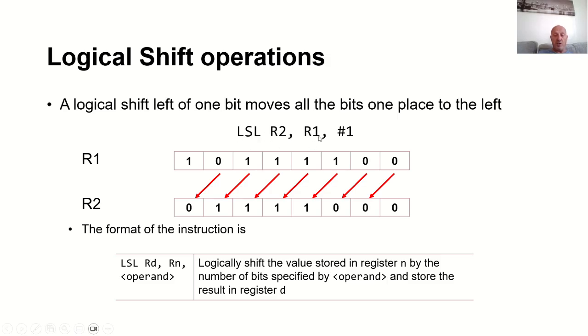The value that is in R1 is shifted over to R2, one at a time, just shifted over like a little train, and we lose that end digit, and we also gain a 0 at the beginning. So that is the number that says we're shifting it left by 1, putting the result in R2.